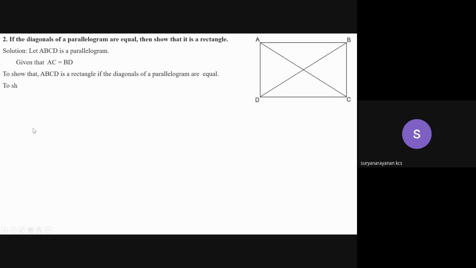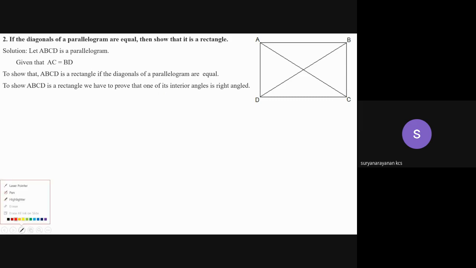Right. To show that ABCD is a rectangle, we have to prove that one of its interior angles is a right angle. Yes or no, my children? In a parallelogram, if one angle is a right angle, then that parallelogram becomes a rectangle.